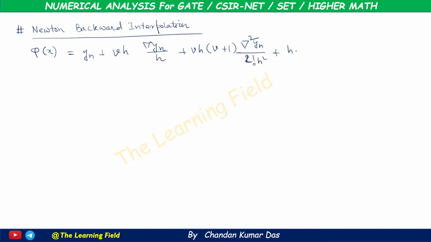In the forward formula these are u into (u minus 1) terms, and in the backward formula these are plus terms. Sorry, I made some mistakes here.